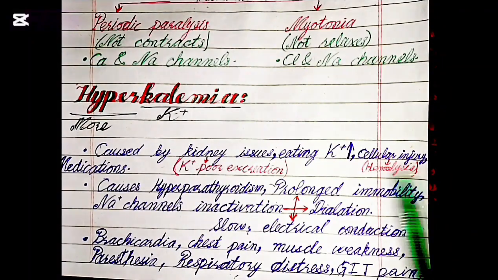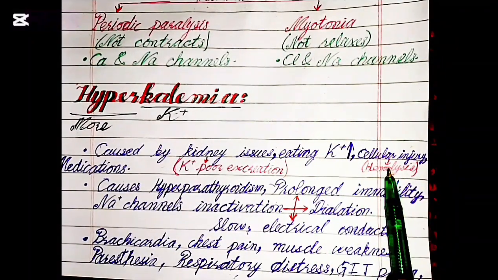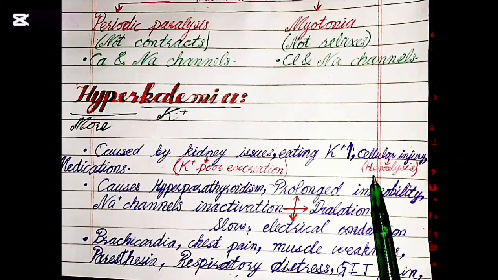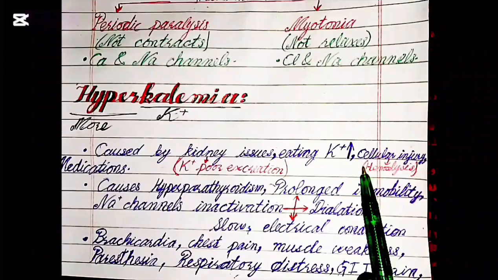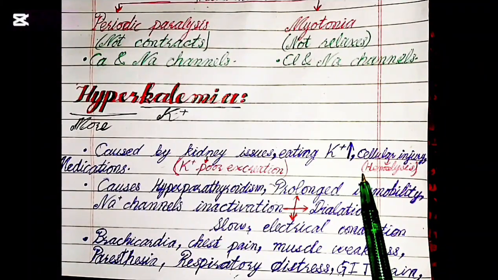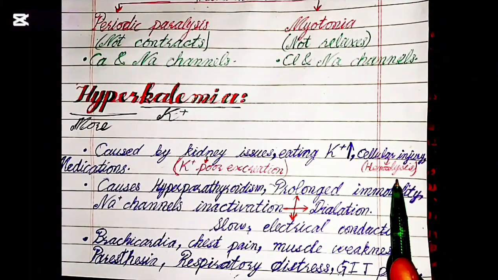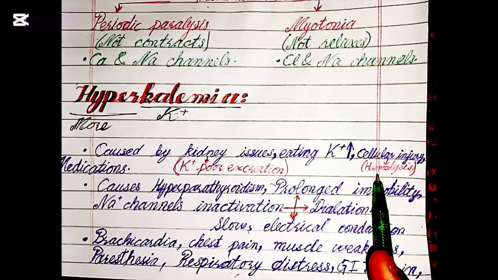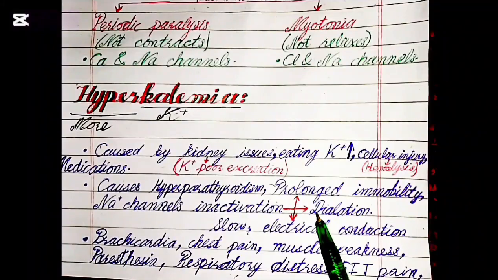It is also caused by cellular injury. As we know, potassium is more inside the cell. So when cellular injury occurs rapidly, the blood potassium level automatically increases. And if hemolysis is more, as it is in polycythemia, when polycythemia occurs, hemolysis occurs more.